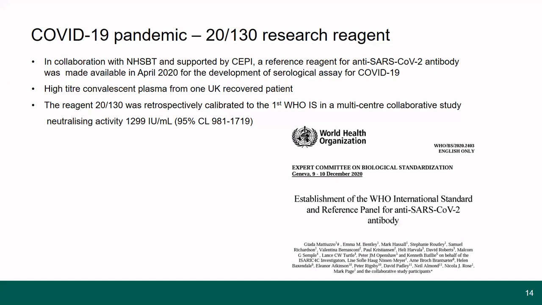And what we did during the next few months, until the establishment of the international standard, was to calibrate this research reagent to the international standard as part of the collaborative study, which has been mentioned here. So when the international standard was established, everyone that had used the reagent could automatically convert their data into international units by using the potency that had been assigned to the research reagent.